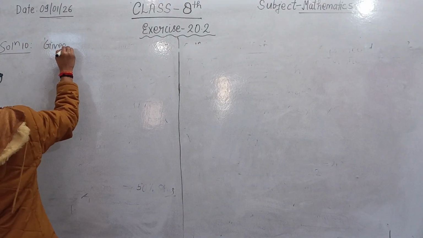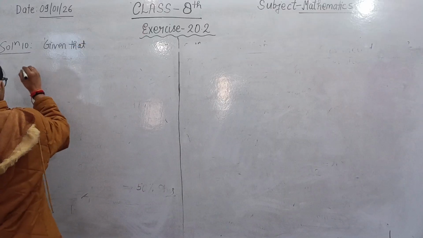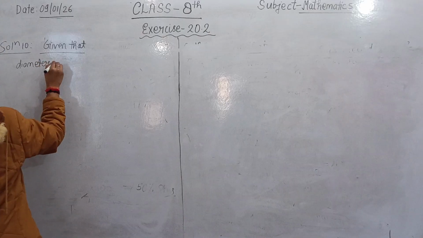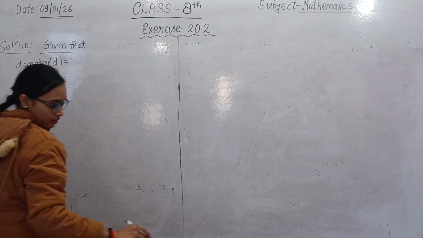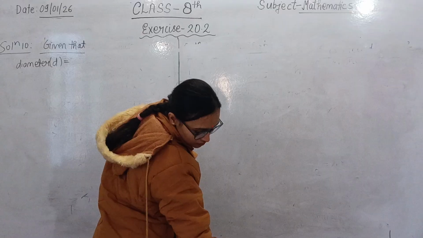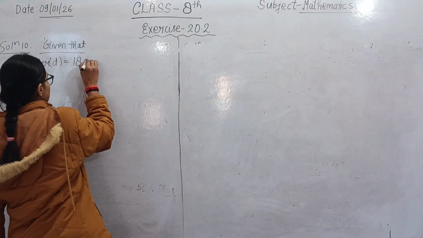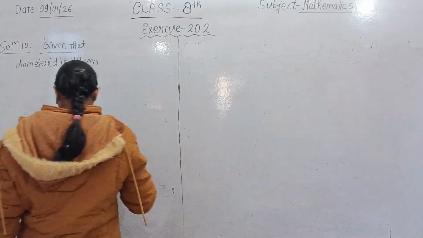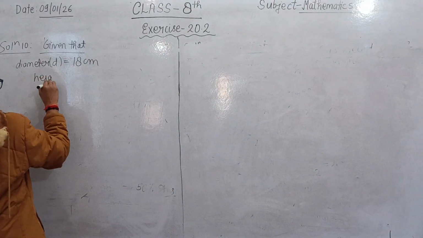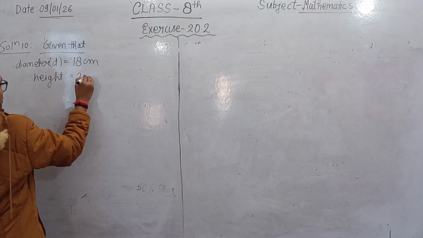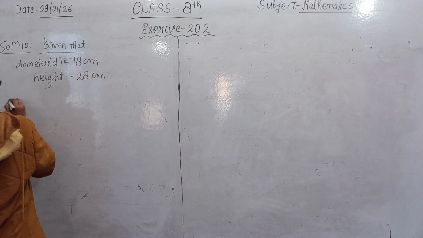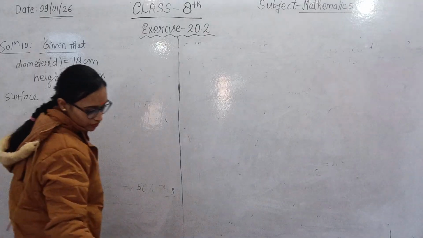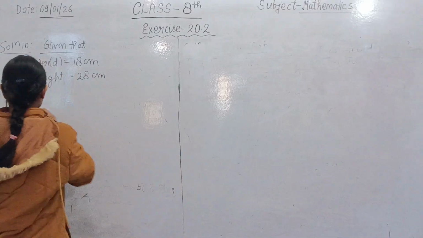Given that diameter is equals to 18 centimeter and height is given as 28 centimeter. So we have to calculate total surface area of cylinder.